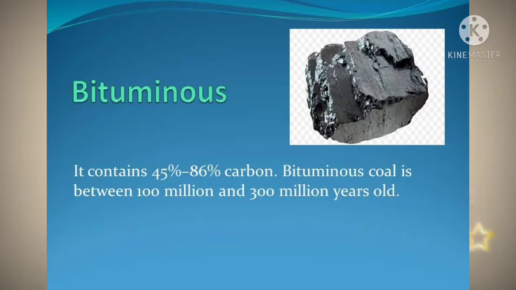Bituminous coal is between 100 million and 300 million years old. It is the most abundant coal found in the United States, and it accounted for about 48% of total US coal production in 2019. Bituminous coal is used to generate electricity and is an important fuel and raw material for making coking coal used in the iron and steel industry.